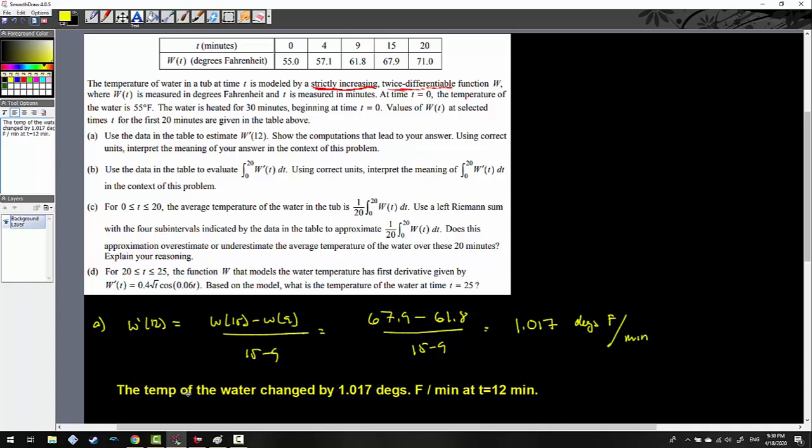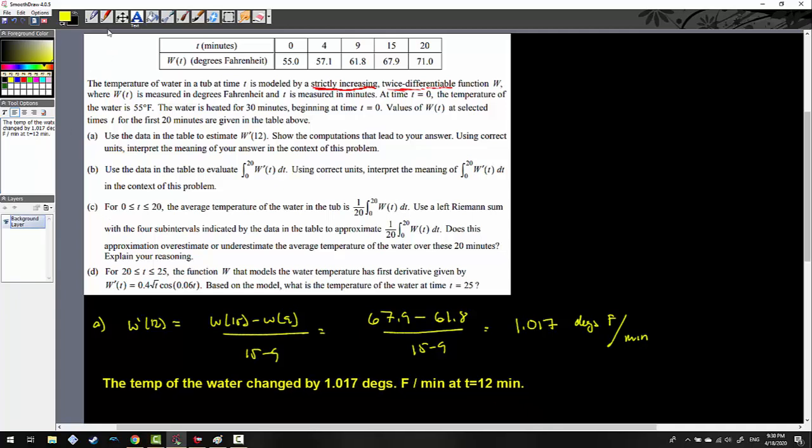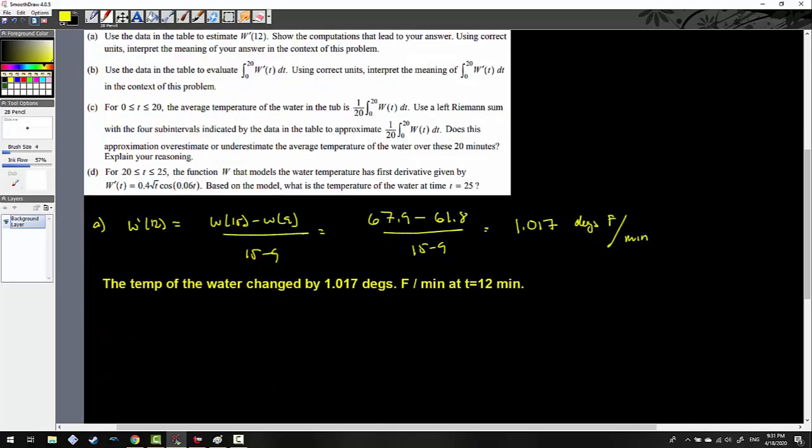So again, we used the correct units, we used the correct interpretation, so I think that would be good enough to satisfy part A. Let's go and move on to part B.